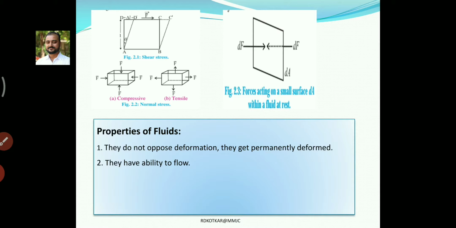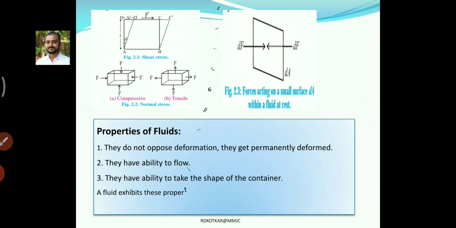They do not oppose the deformation, means they easily change their shape. They have the ability to flow, means they can flow easily. They have the ability to take the shape of the container. Just as I explained, if you put a liquid into a glass or a dish, it can change its shape easily.